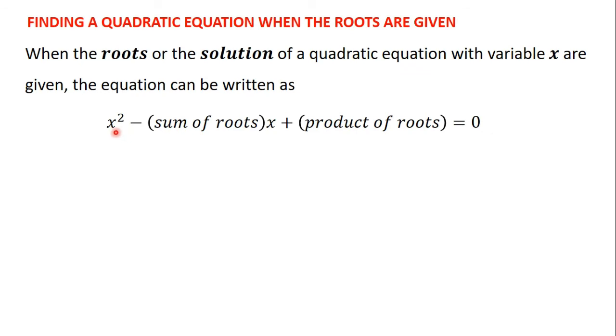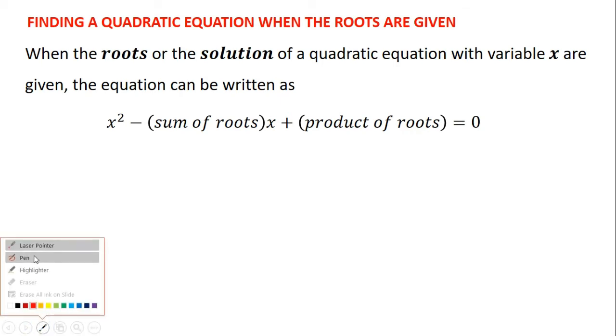As you have seen, the variable here depends on the variable in the equation. We are saying that the variable is x, so you have x squared minus sum of roots x plus product of roots is equal to 0.